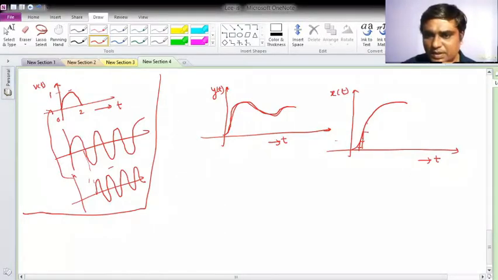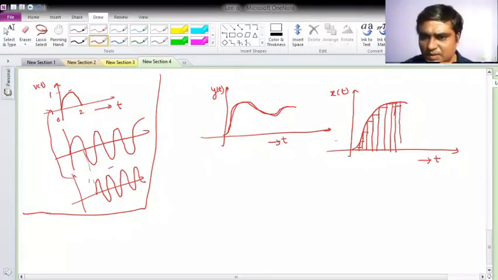This way I can approximate it with the help of boxes, right?